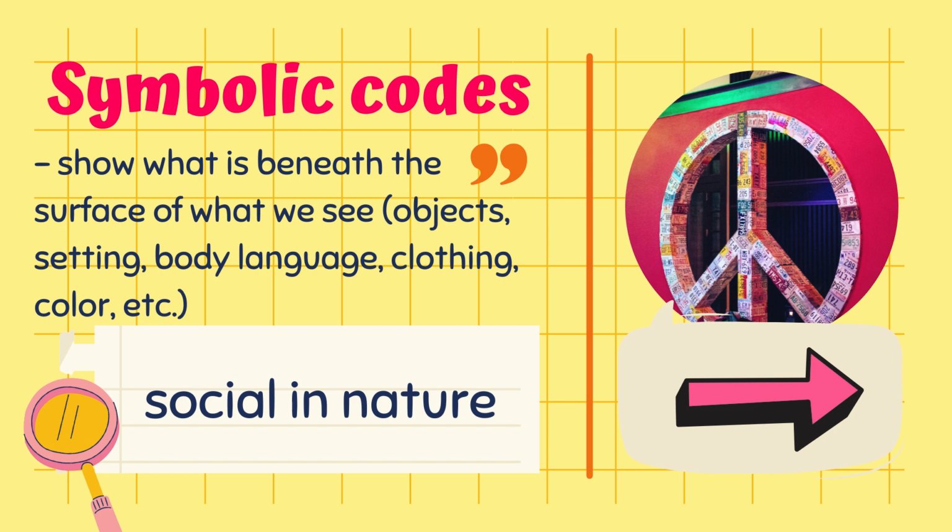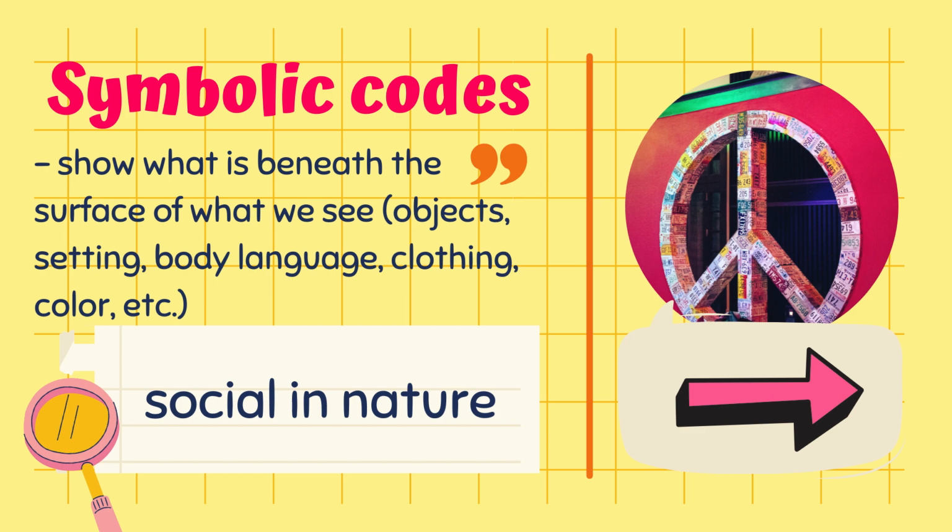So what does this mean? Ibig sabihin, these codes live outside the media products themselves but would be understood in similar ways in the real life of the audience. Pwede natin itong i-relate sa lesson nyo sa inyong UCSP, which is yung Symbolic Interactionism Theory.